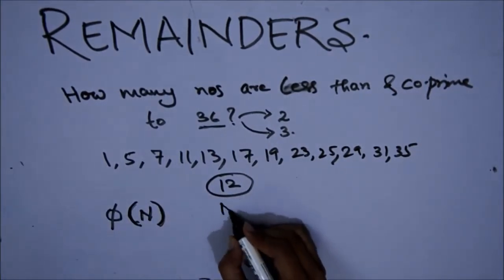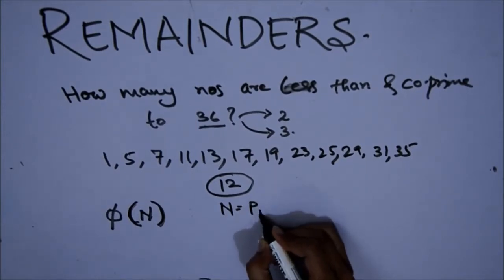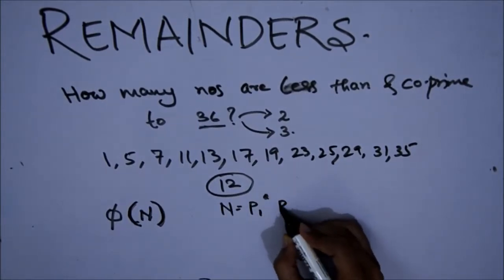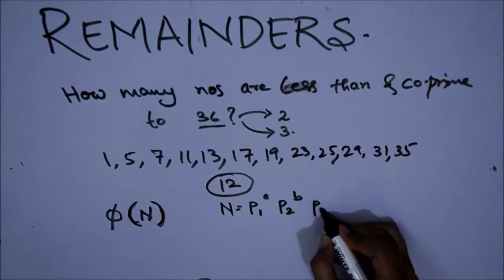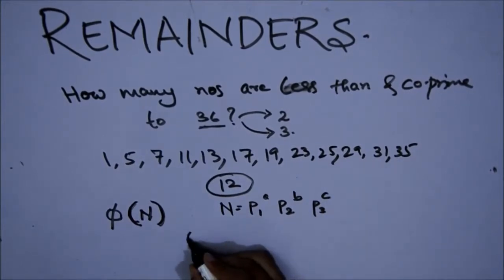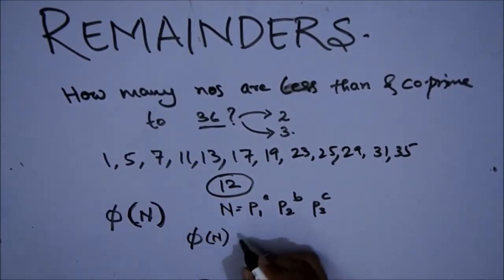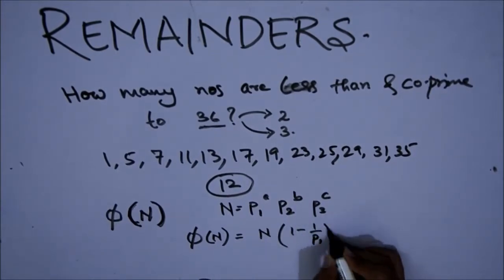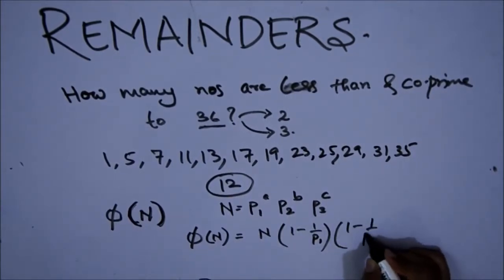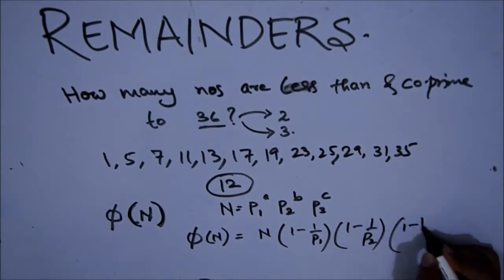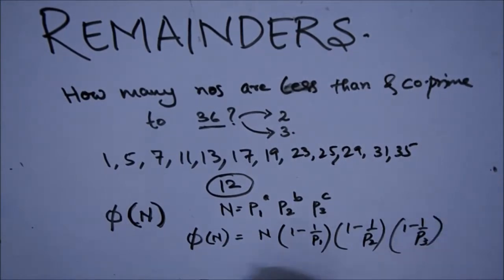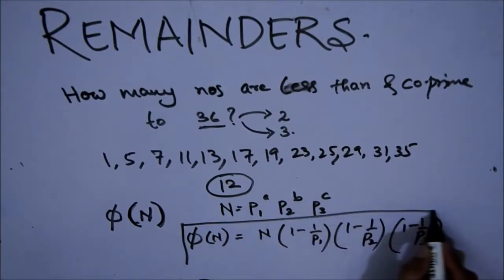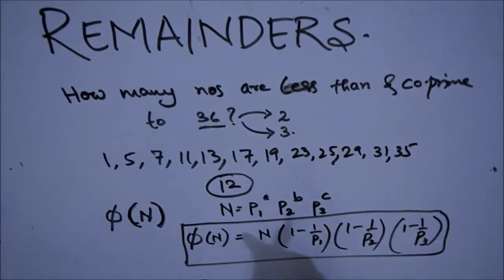Now if n is p1 to the power a, p2 to the power b, p3 to the power c, then phi of n is given by n times (1 minus 1 by p1), (1 minus 1 by p2), (1 minus 1 by p3). This is the formula using which we can calculate phi n.